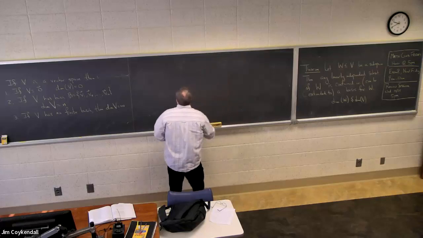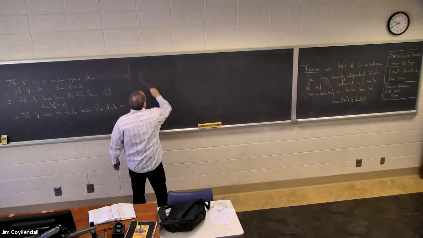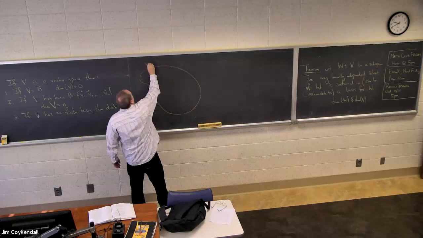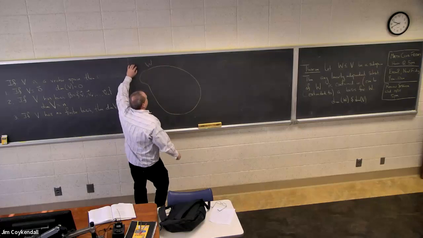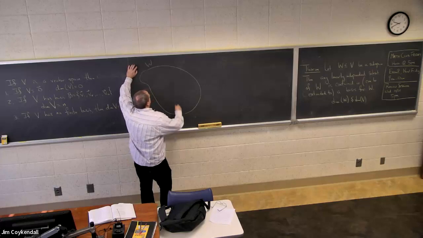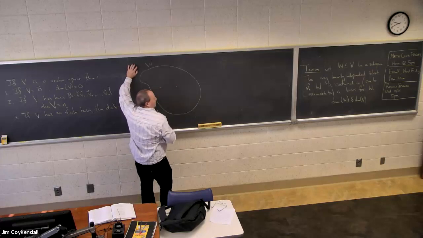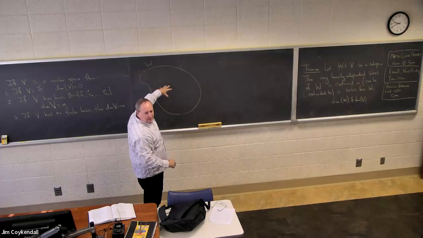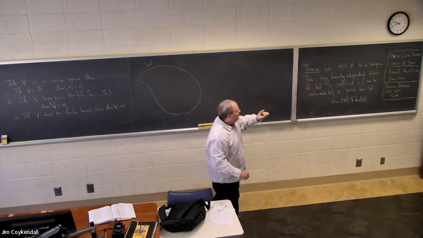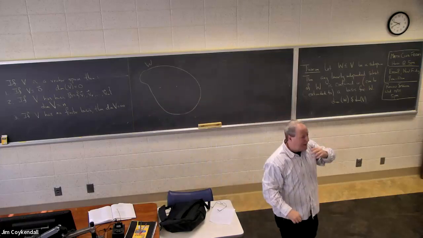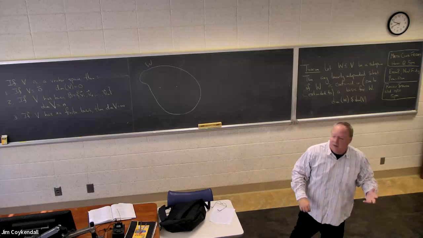So if you imagine this, here's W, in some larger vector space V. If you have a linearly independent set in W, you need two things for a basis: you need it to be linearly independent and span, right? Here's the content of this theorem.